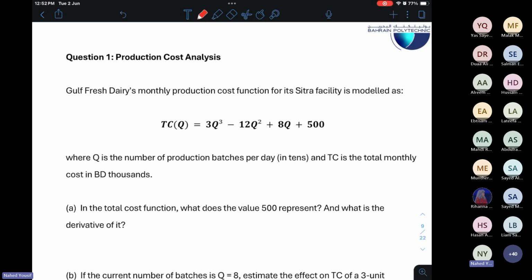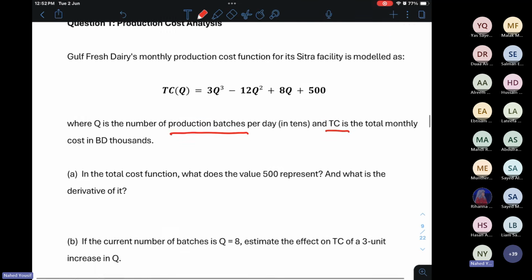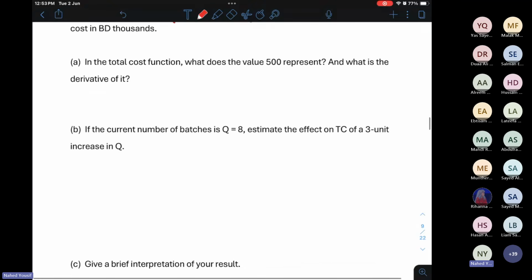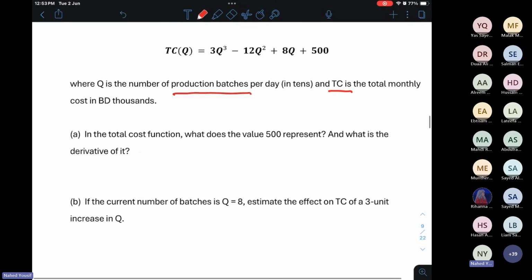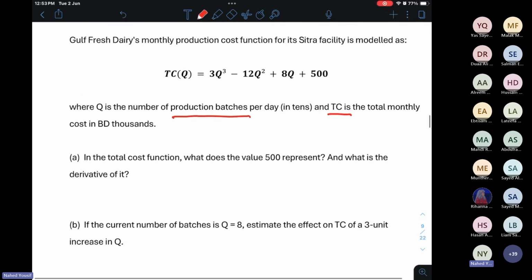So we have the total cost. They first want us to solve these 3 parts, A, B and C. What does the value 500 represent?